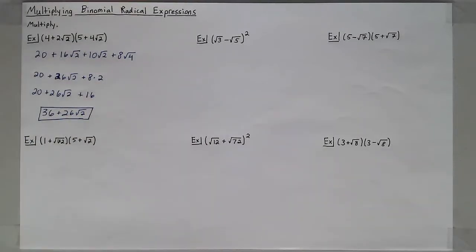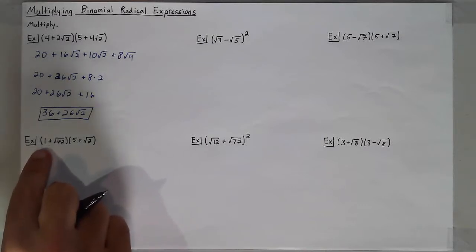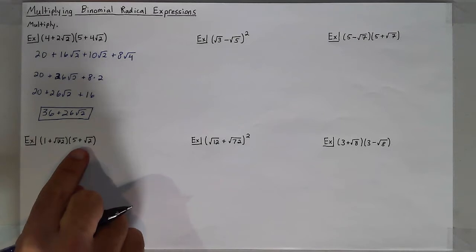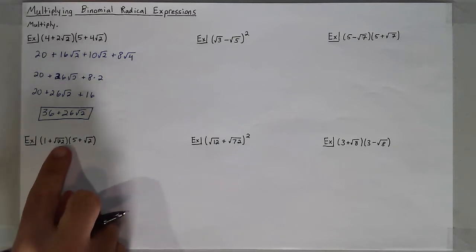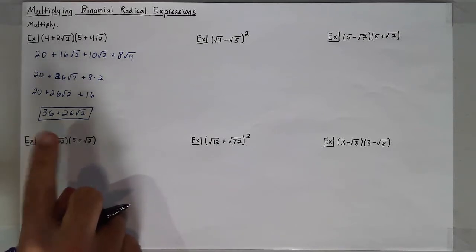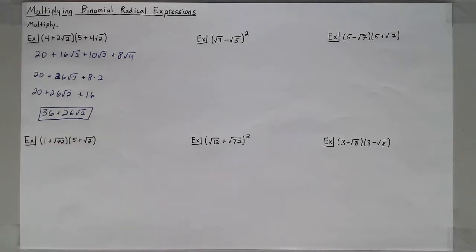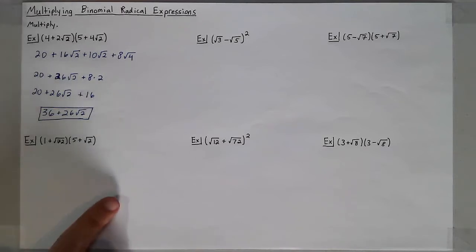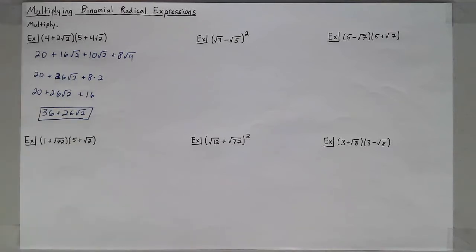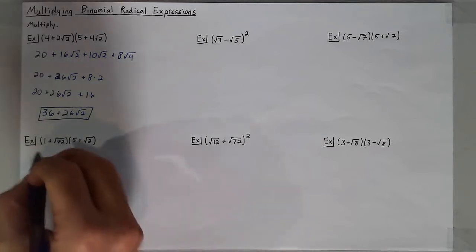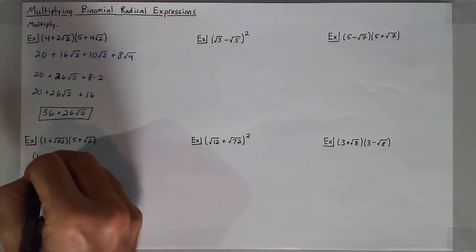But now I have the 1 plus the square root of 72 times 5 plus the square root of 2. Now I'm seeing here that the 72 is quite large, but 72 does have a perfect square in it. So usually when you can, it's better to simplify before you multiply to make the numbers a lot easier to handle. So the square root of 72 is the same as the square root of 36 times 2.